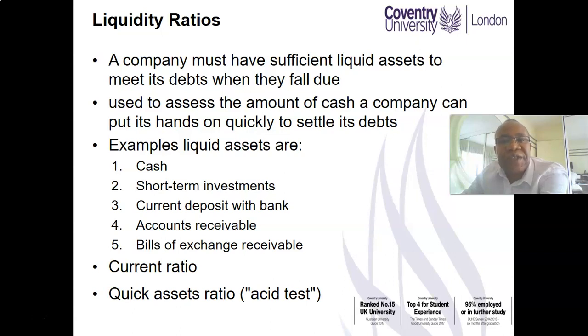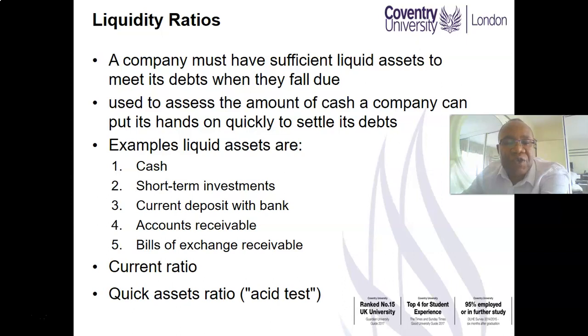Now, liquid assets are cash, short-term investments like money market funds, current deposits with the bank, accounts receivable, and bills of exchange. We are comparing these against short-term liabilities, such as payables, current tax payables, and the like. There are mainly two types of liquidity ratios.